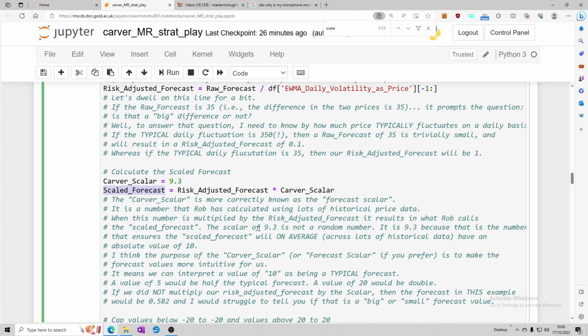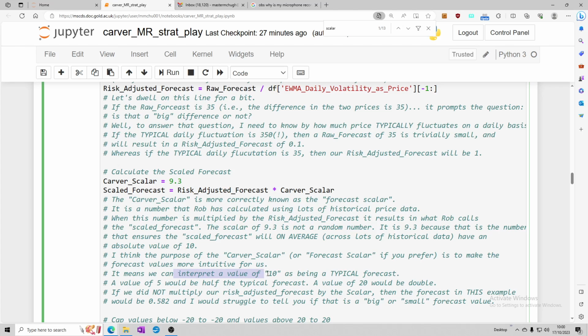The scalar of 9.3 is not a random number. It is 9.3 because that is the number that ensures the scaled forecast will, on average, across lots of historical data, have an absolute value of 10. I think the purpose of the Carver scalar, or forecast scalar if you prefer, is to make the forecast values more intuitive for us.